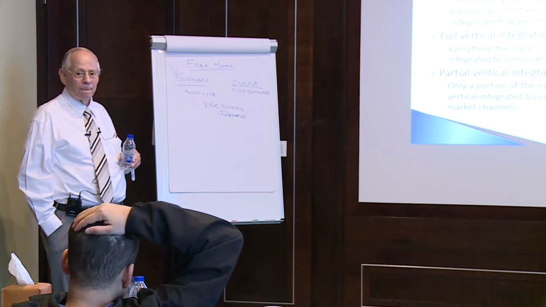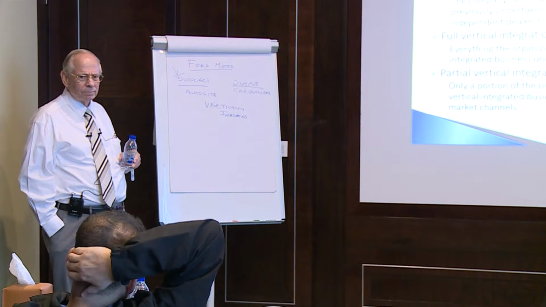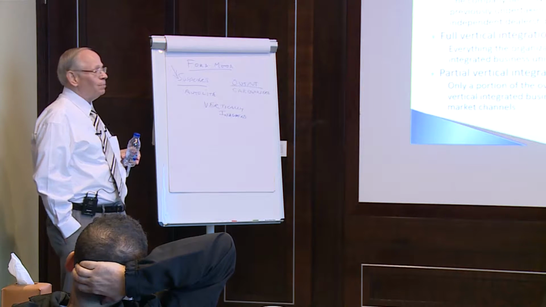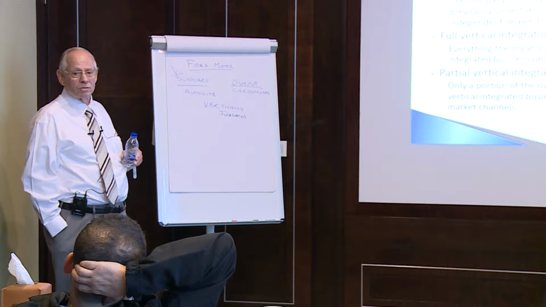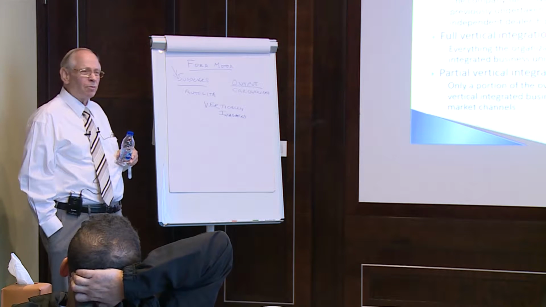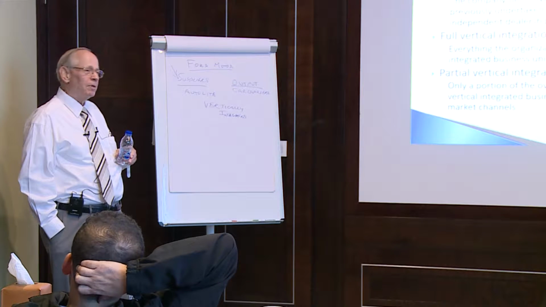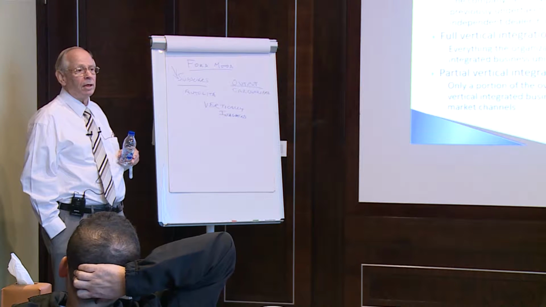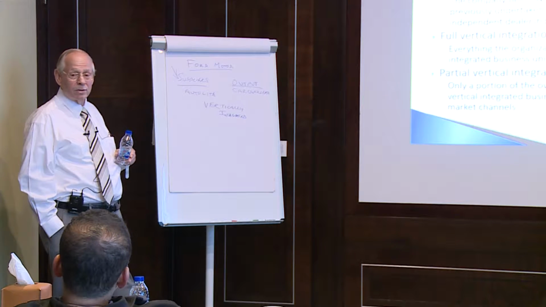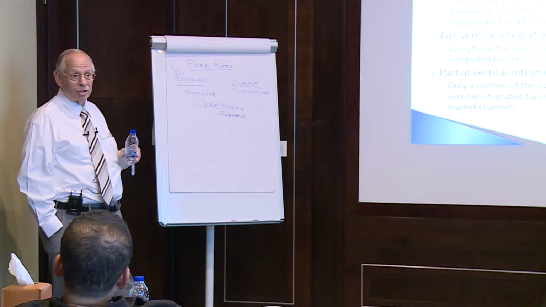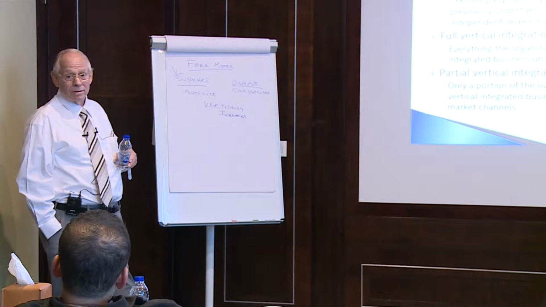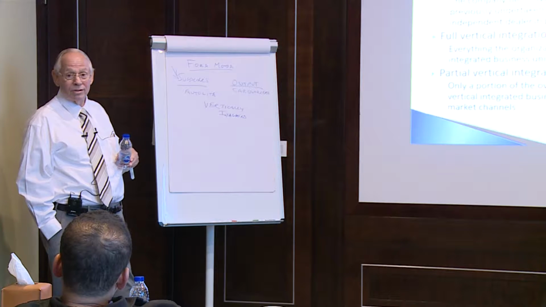Why is there no full horizontal integration? Well, horizontal integration is simply buying your business rivals. The problem, of course, depending on what country you're in, is that you can get into antitrust problems, because the more competitors you buy, the closer you get to a monopolistic scenario. So the government is going to watch very carefully what you're doing in some countries.